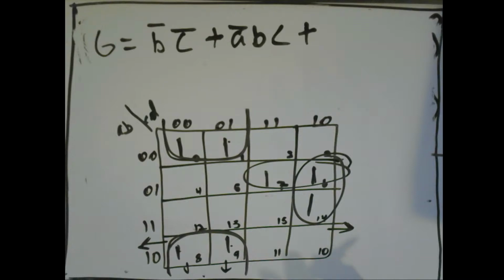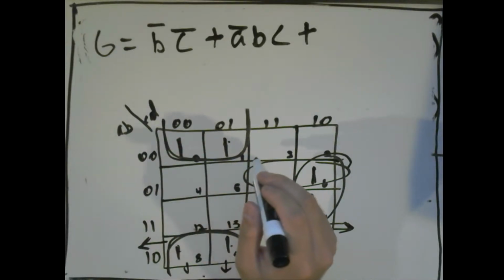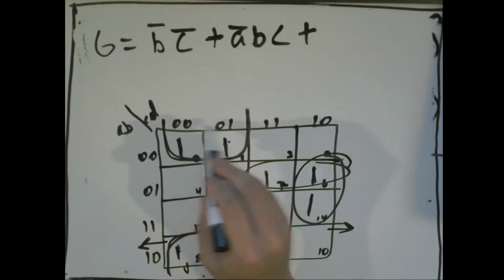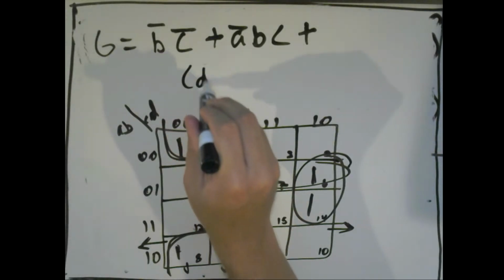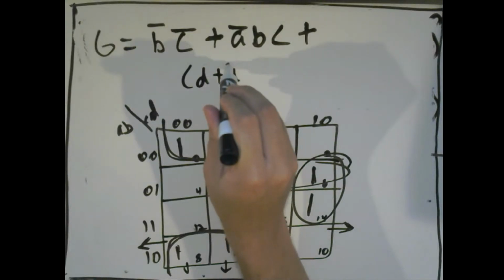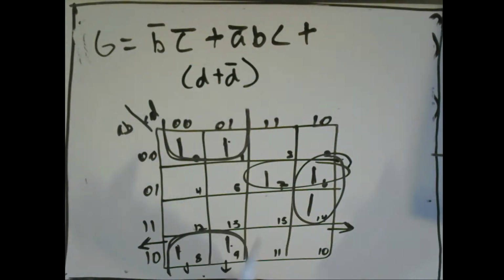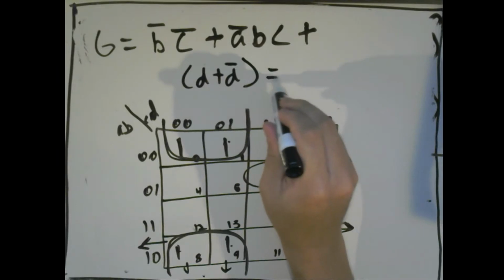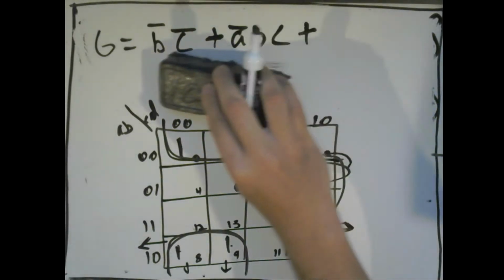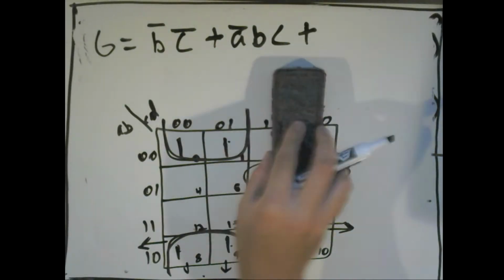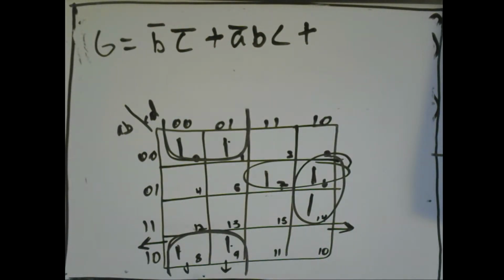Whenever you have a variable that changes, like you see that the D goes from a 0 to a 1 here, what it's essentially doing in Boolean algebra is like this. We know from a property that this equals 1, and 1s are redundant. We don't need to keep that, so that's how we can drop that term. And a K-map is a visual way of saying that.